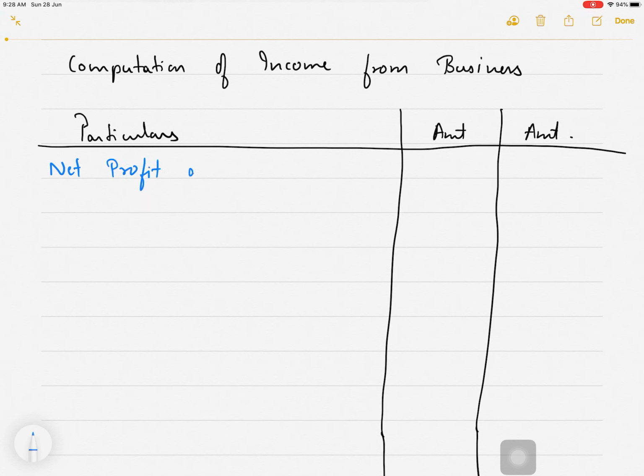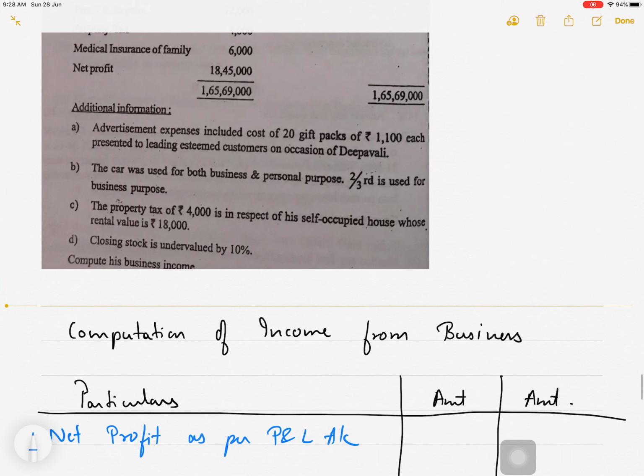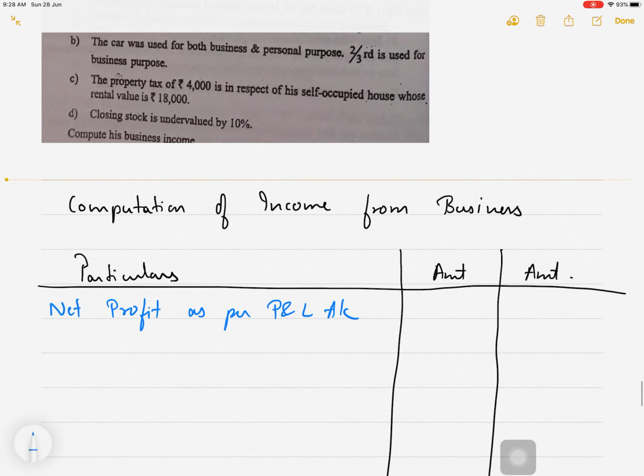Okay, write down net profit as per P&L account.